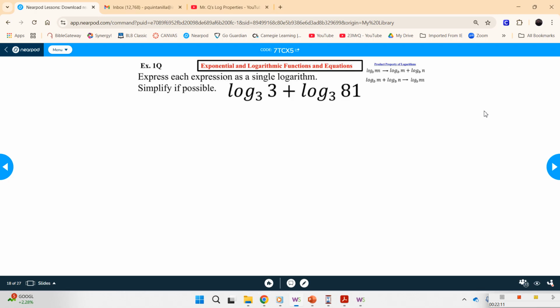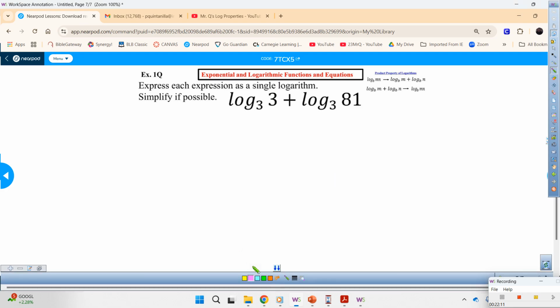All right, let's do this one together. Here goes the process. What's the first thing we check? Make sure the logs have the same what? Same base. Do they have the same base, people? Yes. What is the second thing?